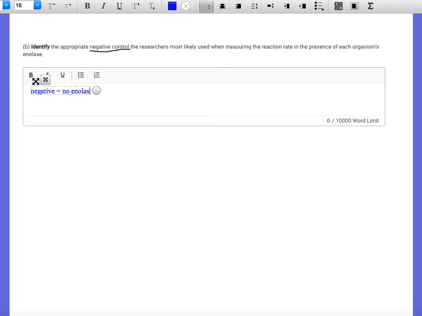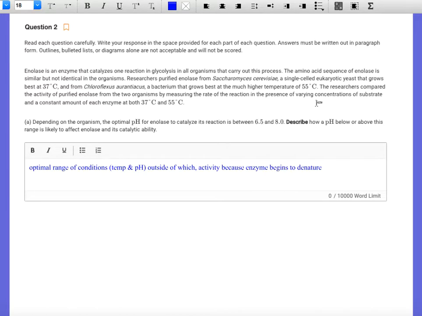You're just going to have the substrates, because the experiment used varying concentrations of substrate and a constant amount of each enzyme. So you just take the enzyme out, right? You just have the substrate there at 37 and 55, just to kind of prove or to demonstrate that it is indeed the enzyme that's responsible for the change in reaction rate.